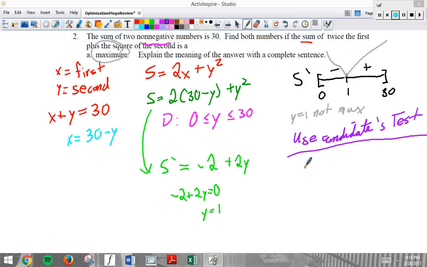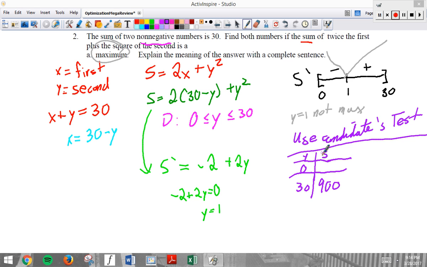So, namely, I'm going to use 0 and 30. When y equals 0, what's s? And again, that's s, not s prime. This form is nicest. When y equals 30, this part is 0. 30 squared is 900.